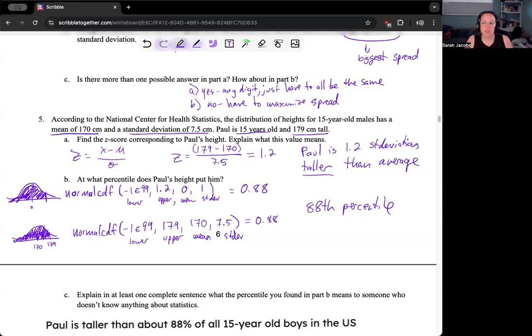So it would be better if this said it was normally distributed. I may even verify and add that in for next year. But this is a situation in which it's reasonable to assume normality.